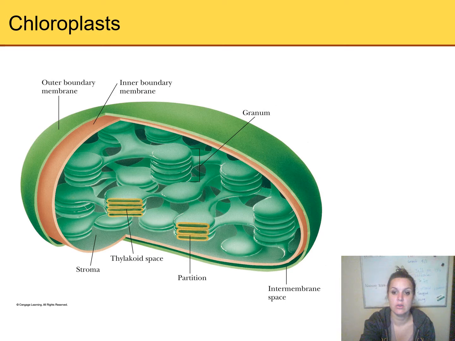The trapping of light and production of oxygen, also called the light reactions, takes place on those thylakoid discs, whereas the dark reactions take place in the stroma. And the stroma is just the space inside, between those thylakoid discs.